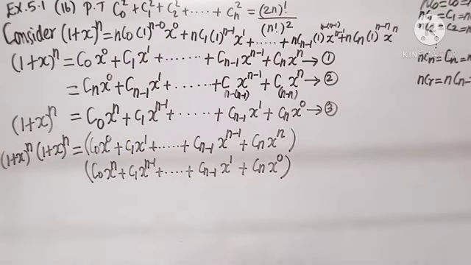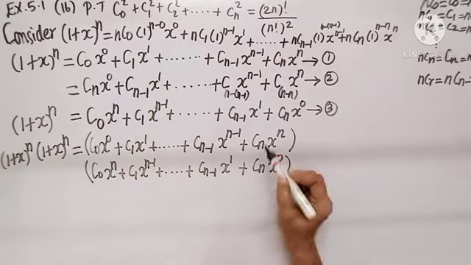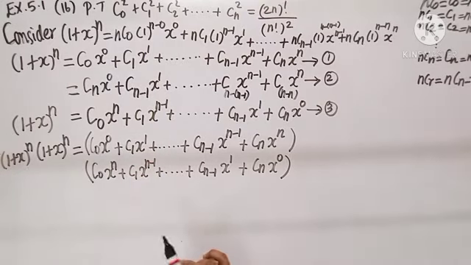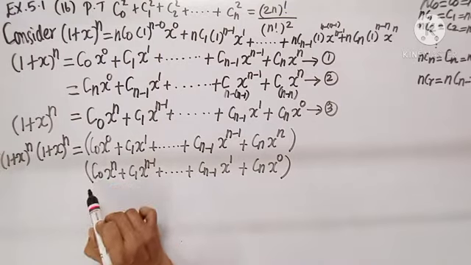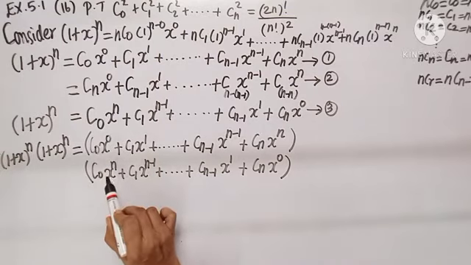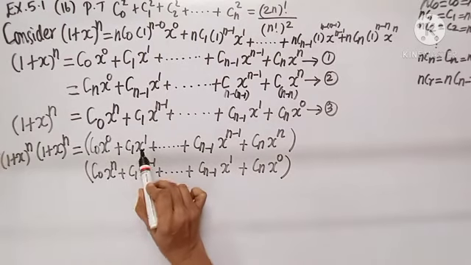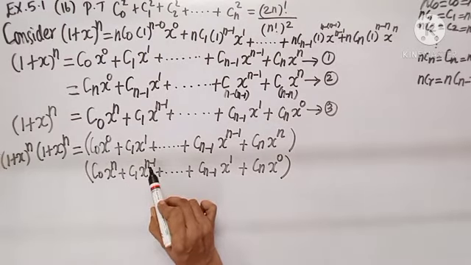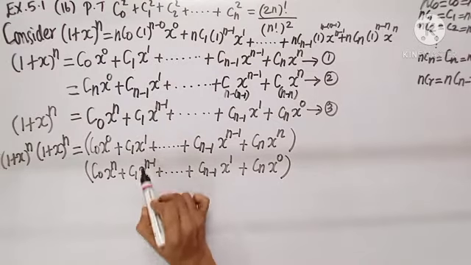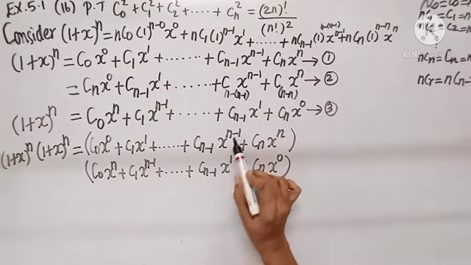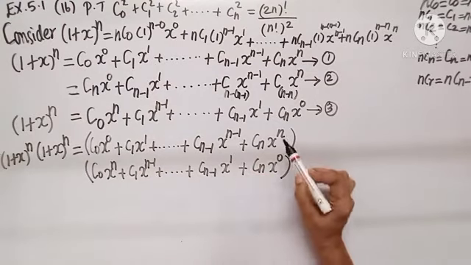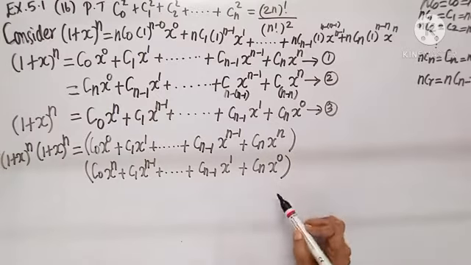These two I multiply, Cn square. What are these x terms actually? X power 0 into x power n, that is x power n. X power 1 into x power n minus 1, that is again x power n. Here also x power n, here also x power n.